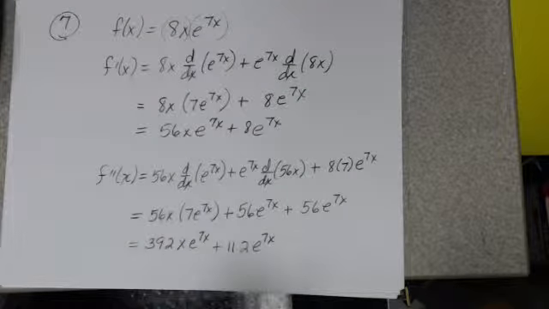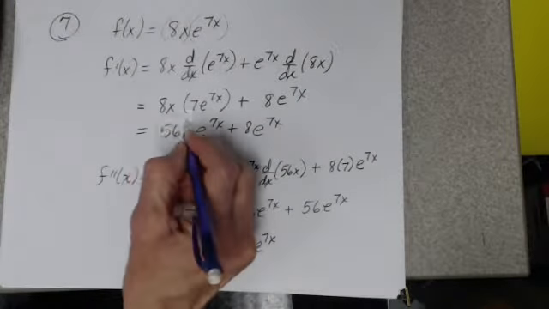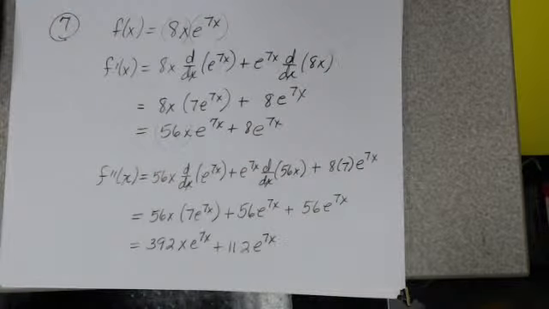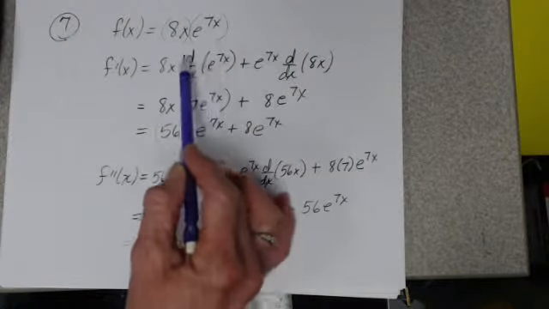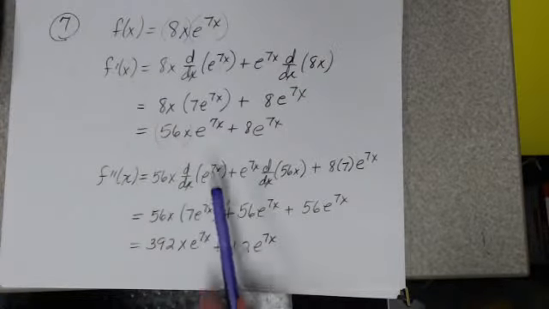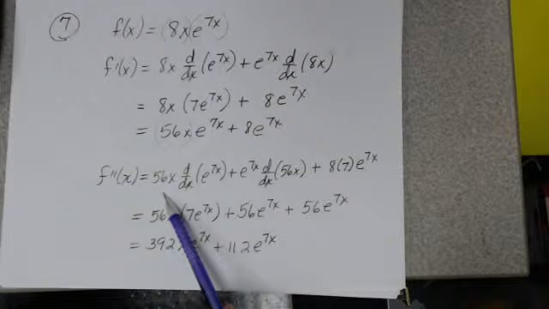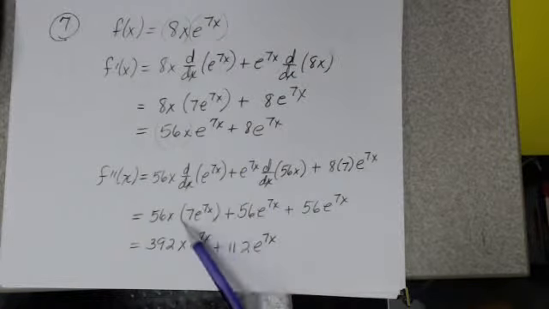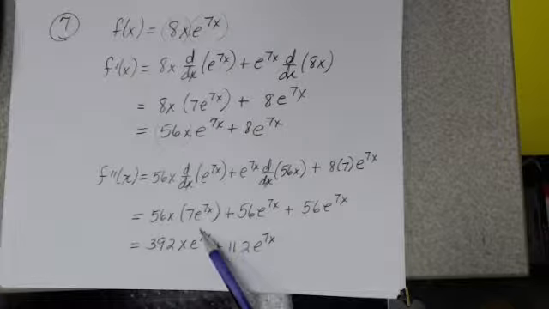So the next thing I did, I've got 56x. I thought of that multiple as my first function, and e to the 7x as the second. I'm approaching this product just like I did the product of 8x times e to the 7x. So 56x is written down, and I'm going to multiply it times the derivative of e to the 7x, which is 7e to the 7x.